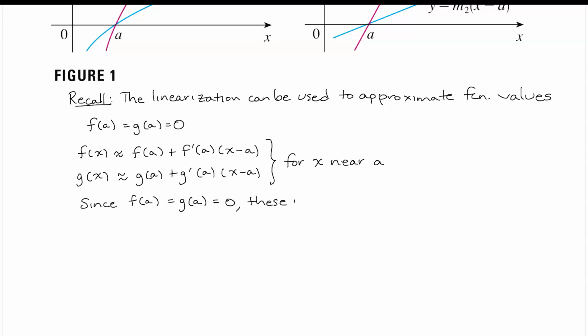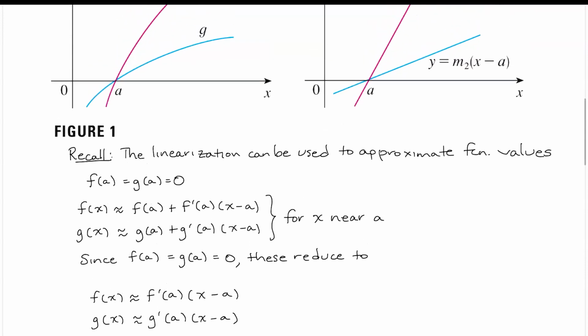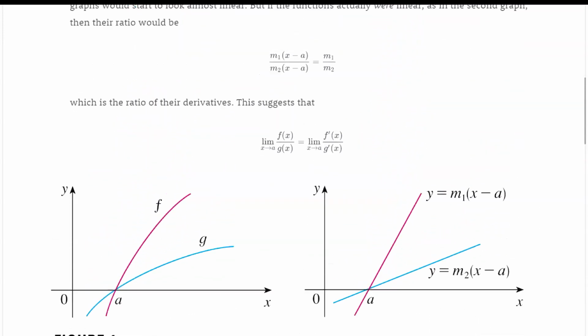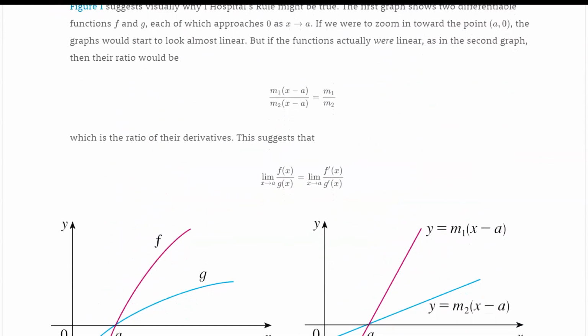But since f of a and g of a are both 0, if we replace them with zeros, what we're really left with is that f of x is approximately f prime of a times x minus a, and that g of x can be approximated by g prime of a times x minus a. Again, if x is near a, which it is if we're letting x approach a in our limit.